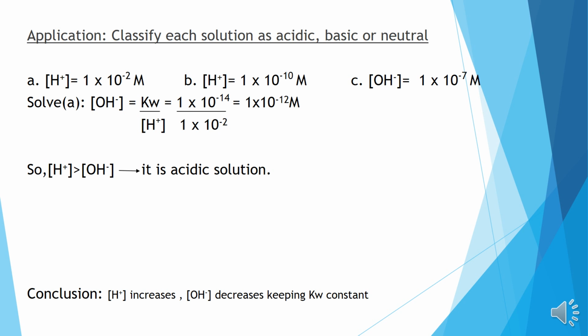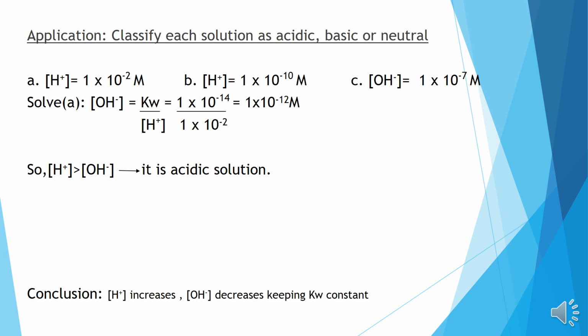Let us classify each solution as acidic, basic, or neutral. If we take part A, where the concentration of H+ is given as 1 times 10 to the power minus 2 molar, how do we solve it? We have to find the concentration of OH- and compare them. How do we calculate the concentration of OH-? From the equilibrium constant for water, or ion product for water.